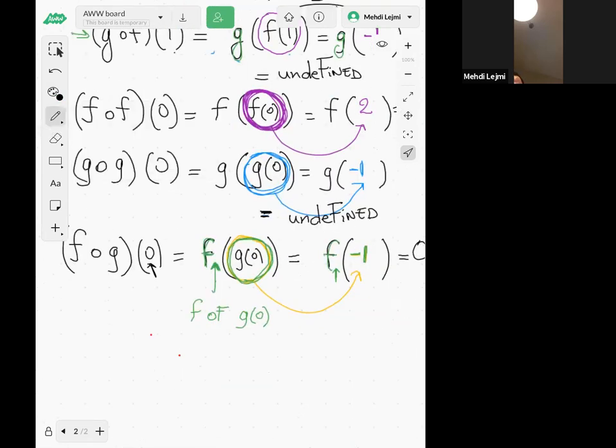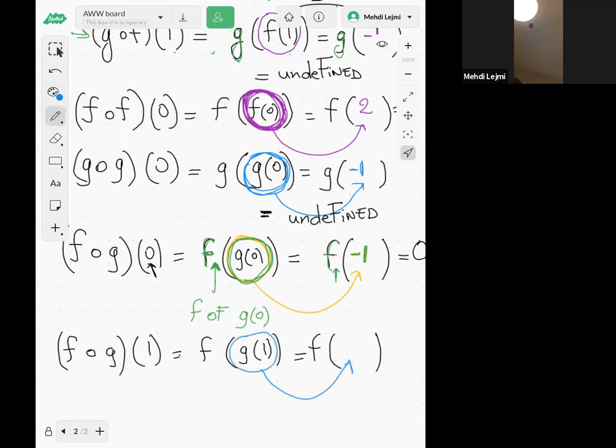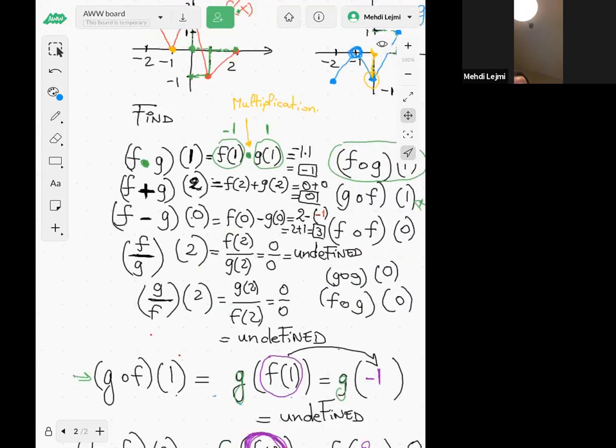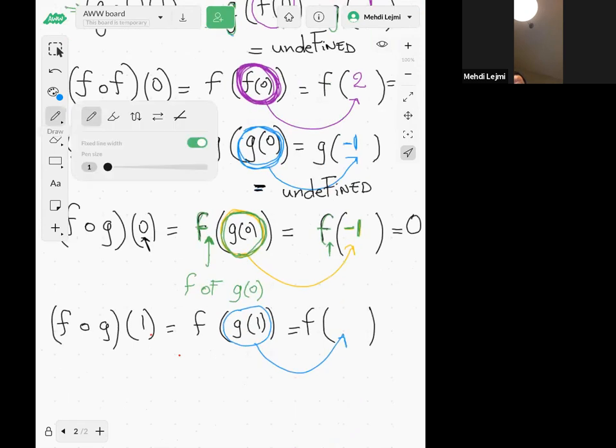So it's f of g of 1, not f times g of 1. What's g of 1? G of 1 is 1. And now it's not f times 1, it's f of 1. And f of 1, I think, is -1. So that's the answer we got.